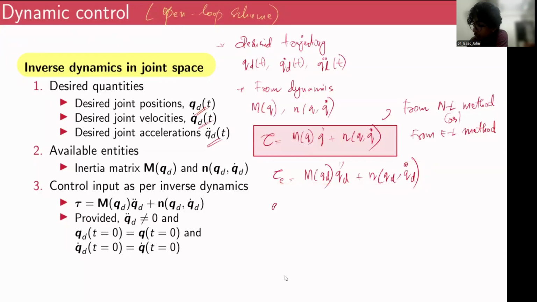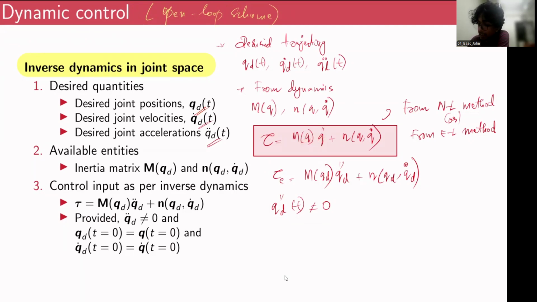The first thing is Q desired double dot of t should not be 0 at any point, right? If Q desired double dot of t is 0, this term would essentially vanish and you will only end up with this term. So this is one of the first important requirements for this inverse dynamics control scheme to work: Q desired double dot of t should not be 0, otherwise this term will vanish.